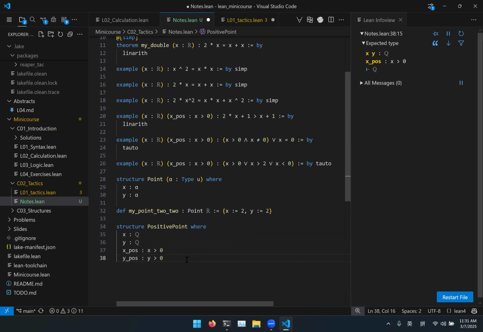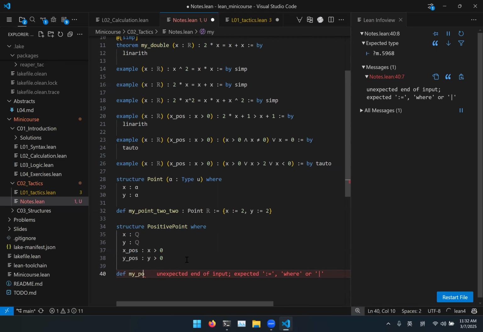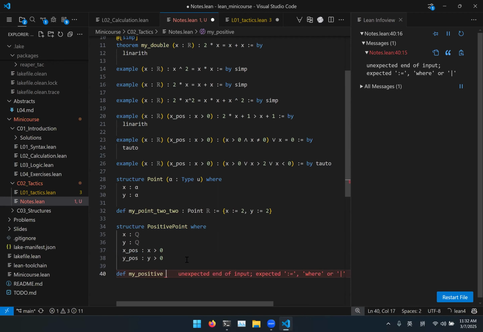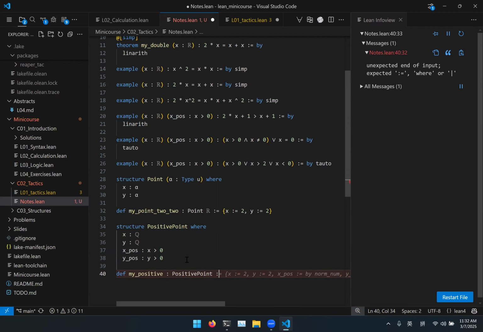How is this useful? It means that when you define an object of this structure, not only do you need to specify the variables, you need to prove that the variables are actually what you want.